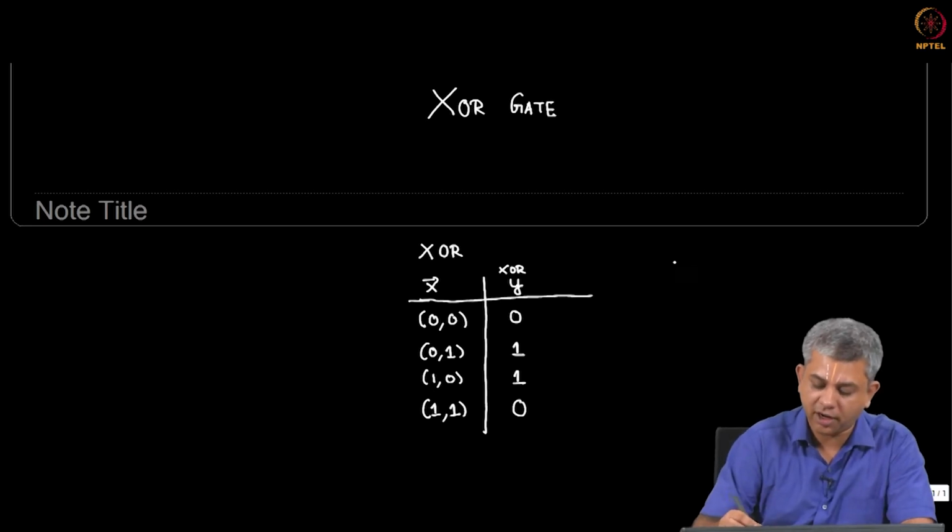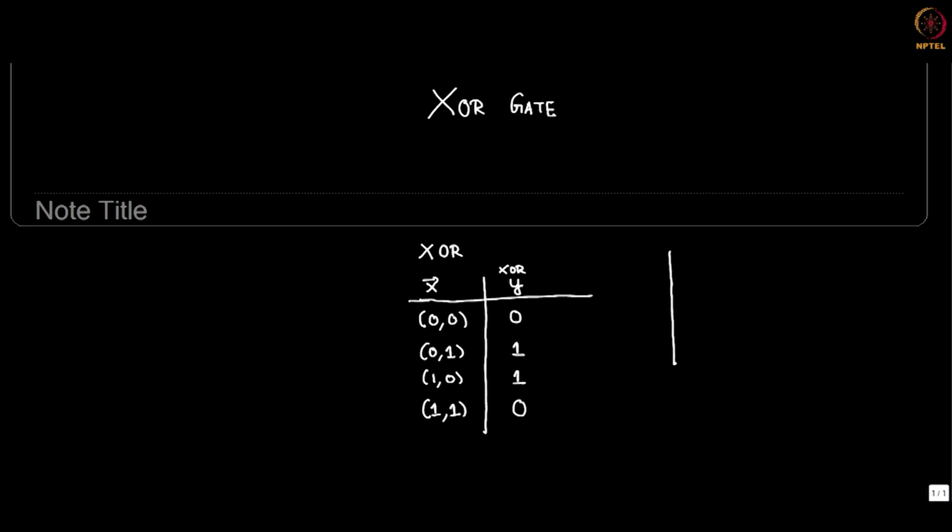So, once again let us try and represent this graphically in order to see what the problem is for logistic regression. In case of 0 0 and 1 1, you get 0, and in case of 0 1 and 1 0, you get 1. So, we have two classes, this red class or the X class and the O class.